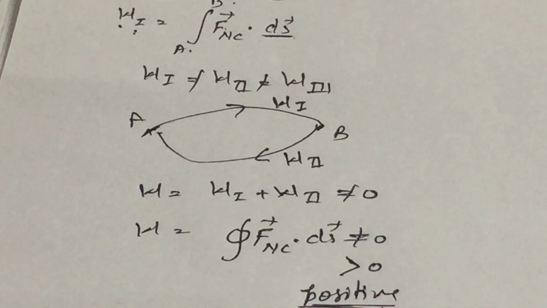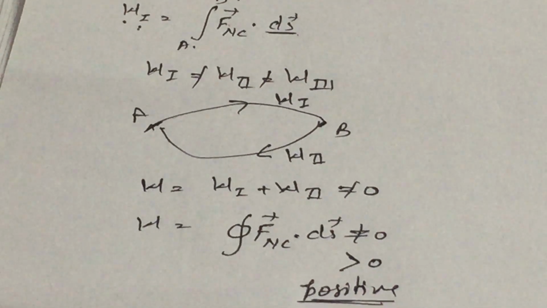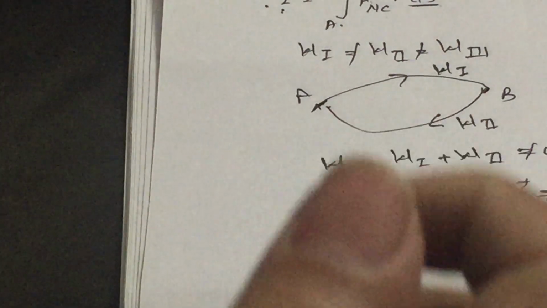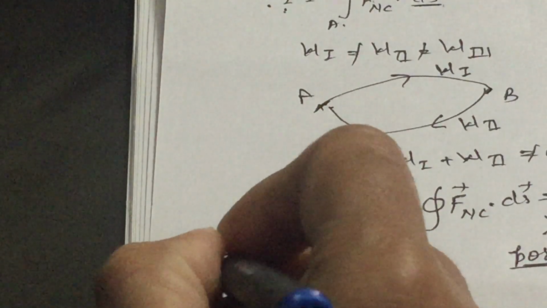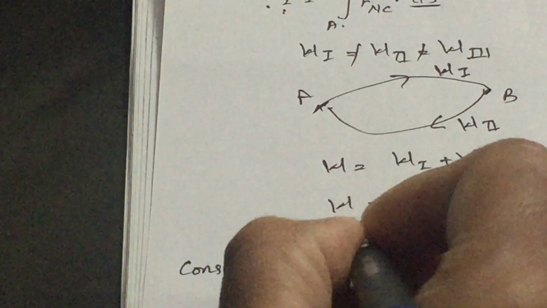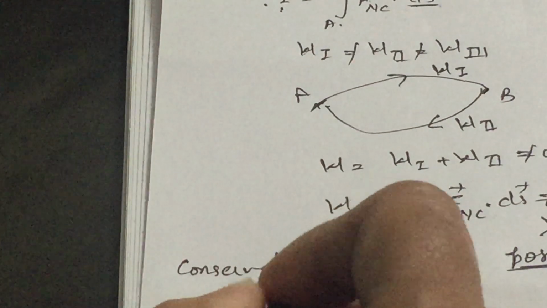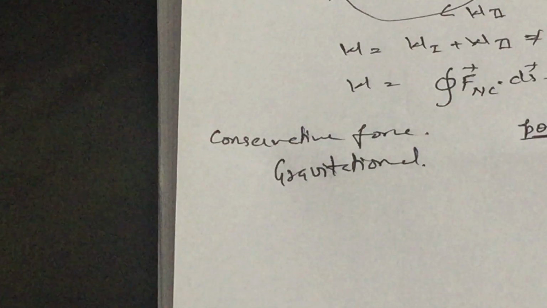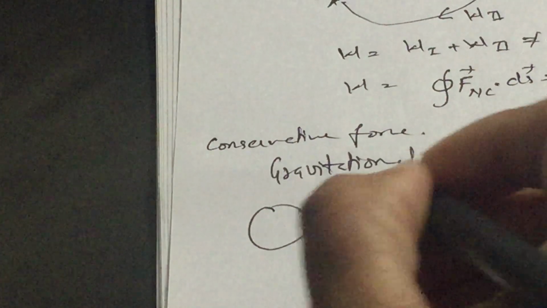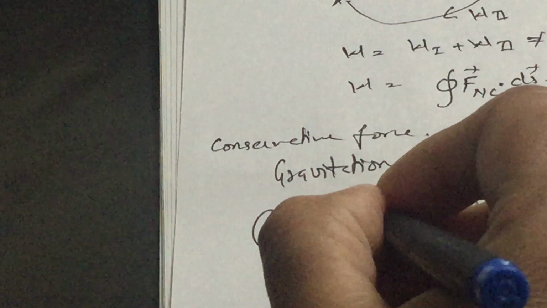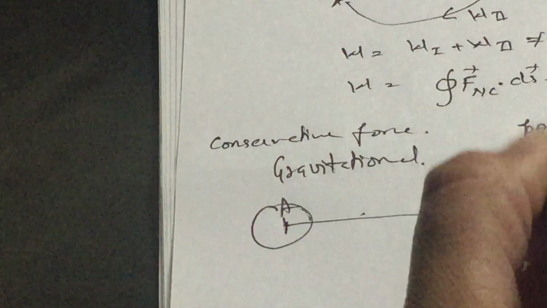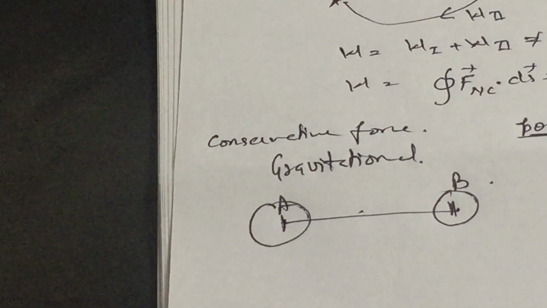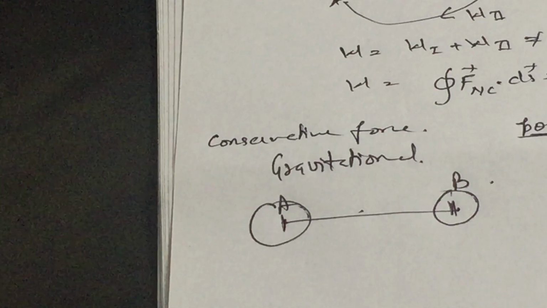So which forces are conservative and which are non-conservative? In conservative forces, we have a lot of examples. Gravitational force is an example of a conservative force because the force depends upon the initial position and the final position, that is, the distance between the centers of the two objects.